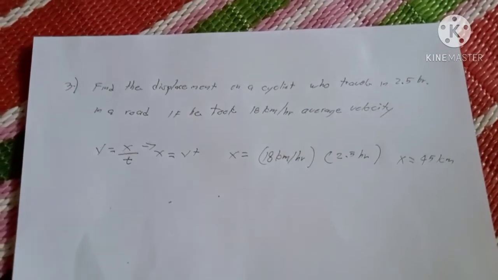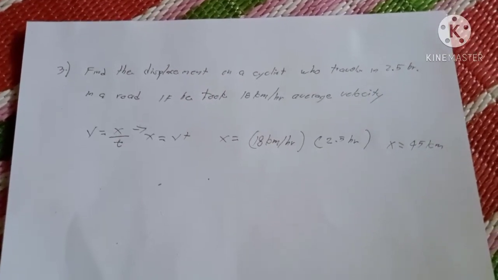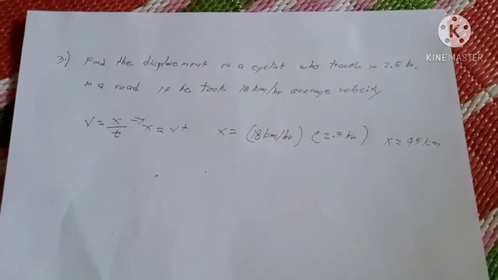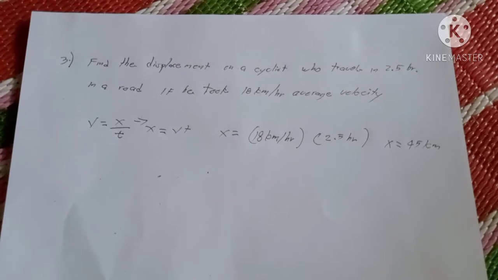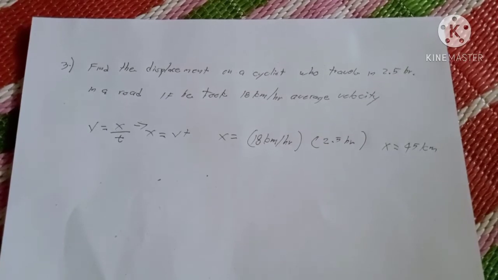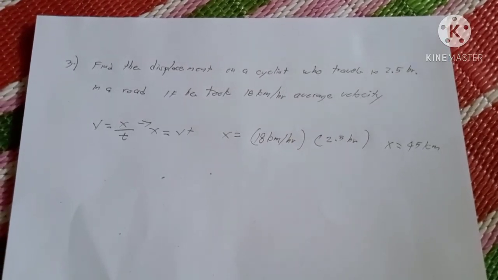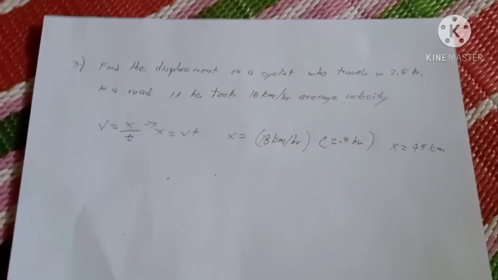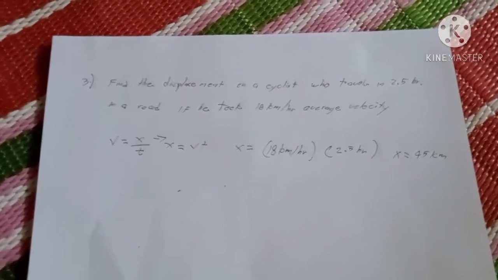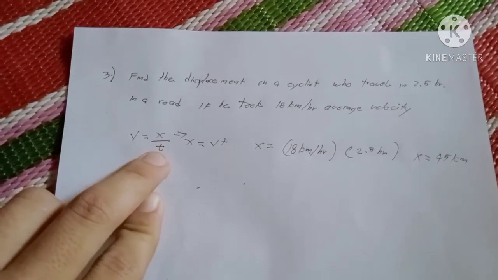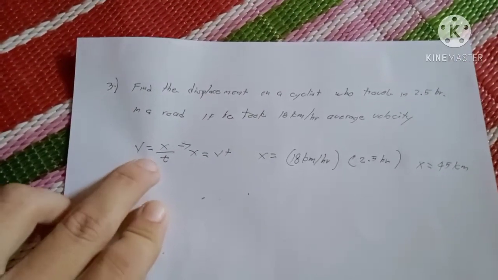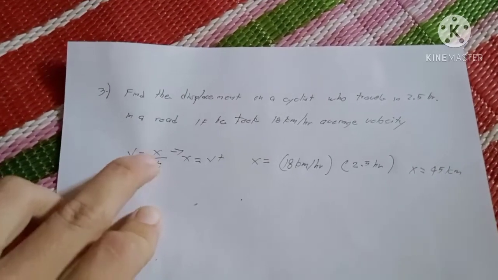And now we proceed to the last example, example number 3. Find the displacement of a cyclist who travels for 2.5 hours on a road if he took 18 km per hour average velocity. So now we find the displacement. This is the formula for average velocity: velocity equals displacement over time.